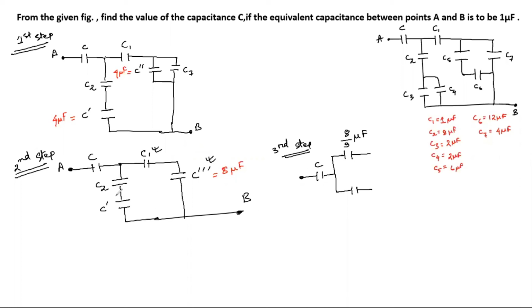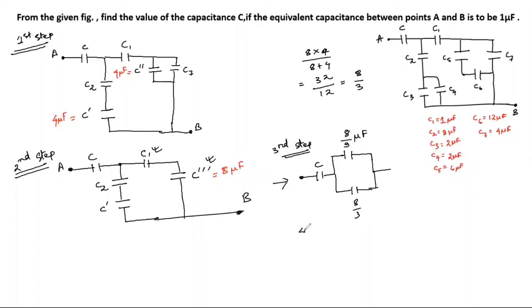And if I find the equivalent capacitance of C2 and C dash, C2 is 8 and C dash is 4, so 8 into 4 by 8 plus 4, 32, so it's 8 by 3, right? 8 by 3. Okay. And again, they are in parallel.